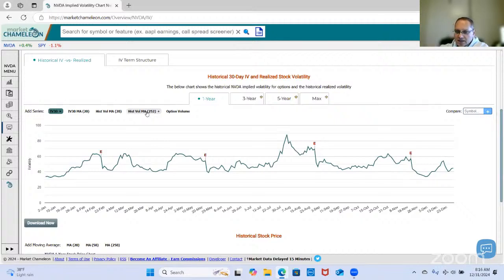So I'm going to click on that, and now you could see it more smoothed out, so we don't see as many spikes up and down, and we could see how far the implied volatility diverges from that mean.